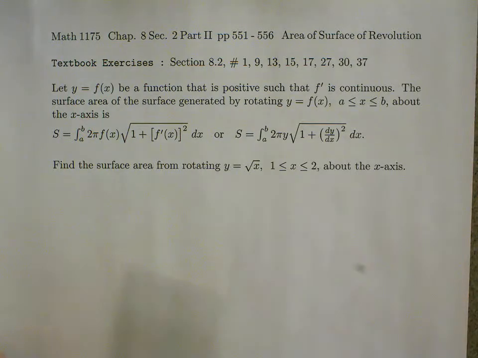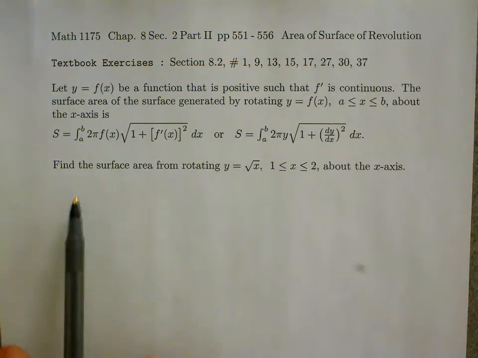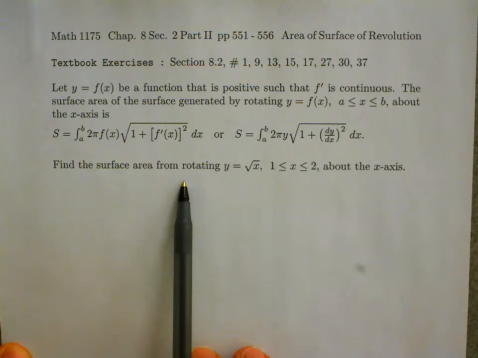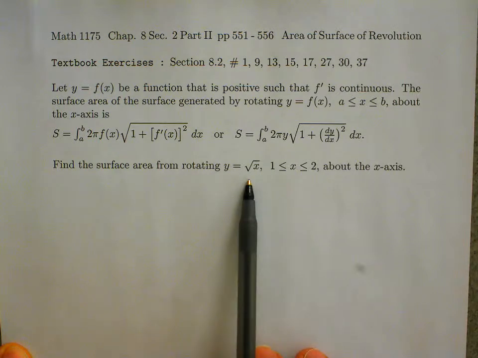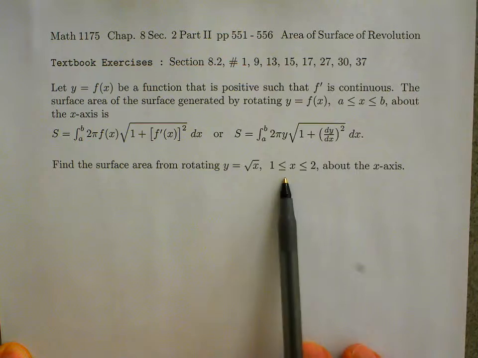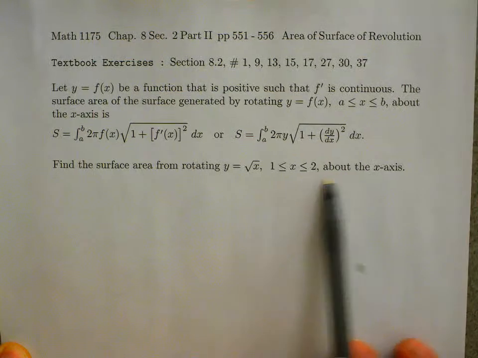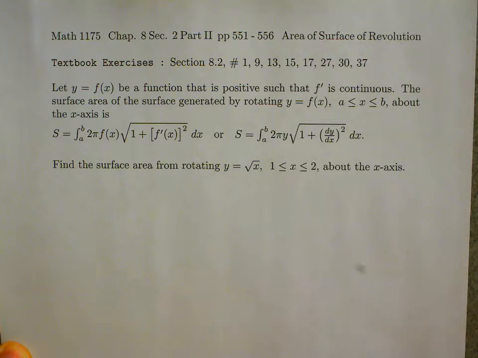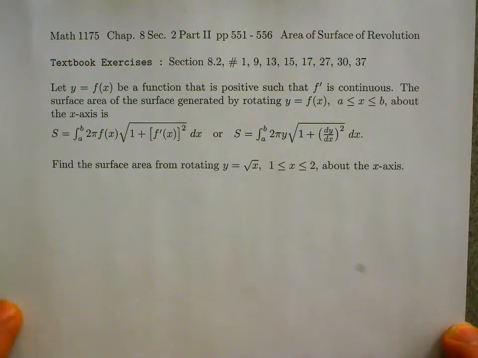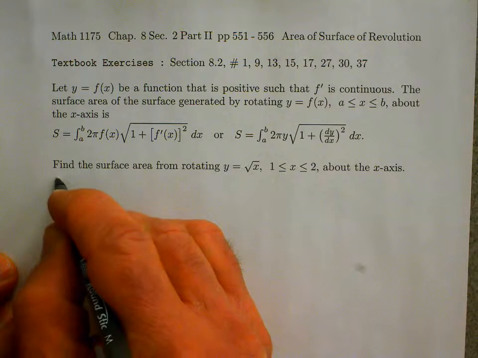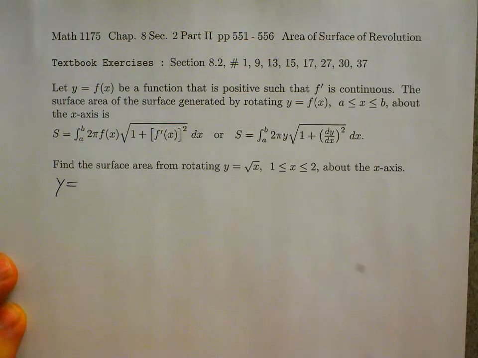Okay, so let's do a couple of practice problems. Find the surface area from rotating y equals the square root of x for values of x from 1 to 2, and rotate it about the x-axis. Okay, so we just do the algebra and arithmetic and the calculus.